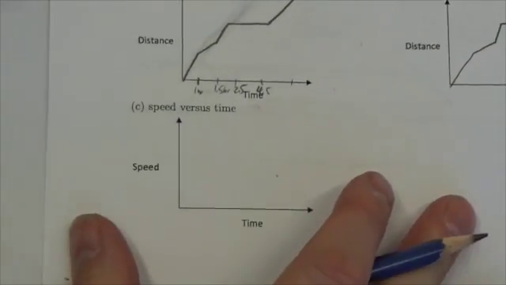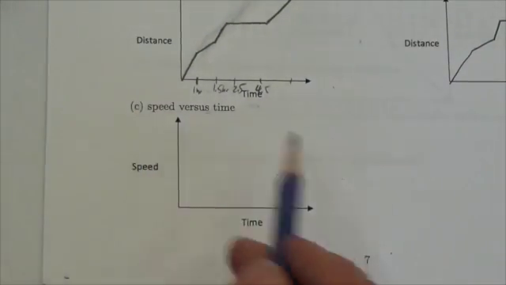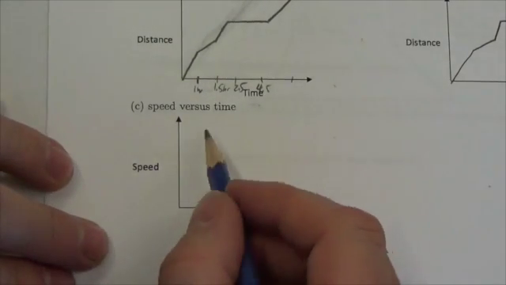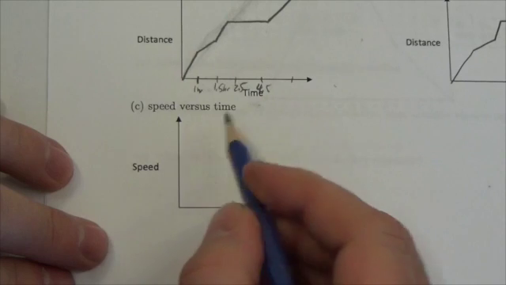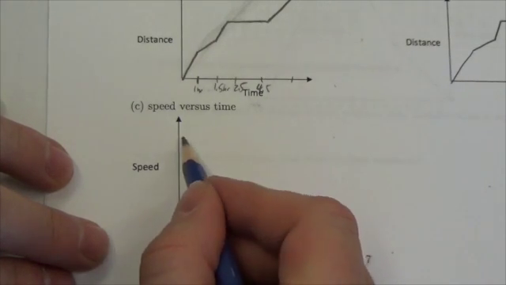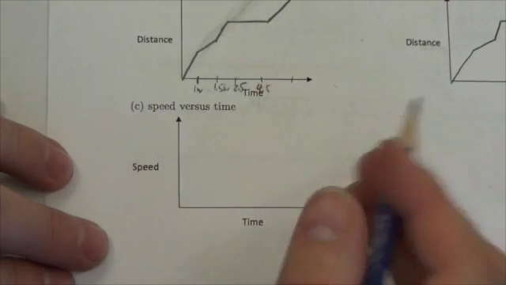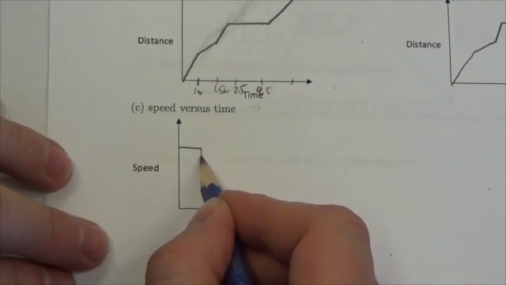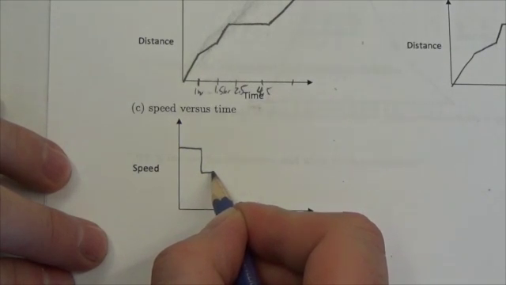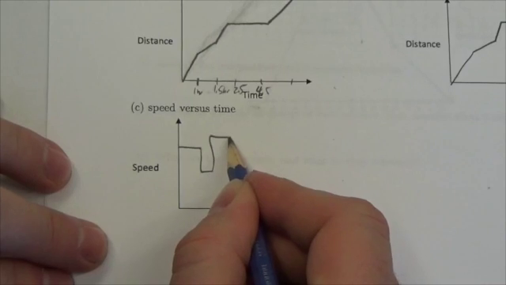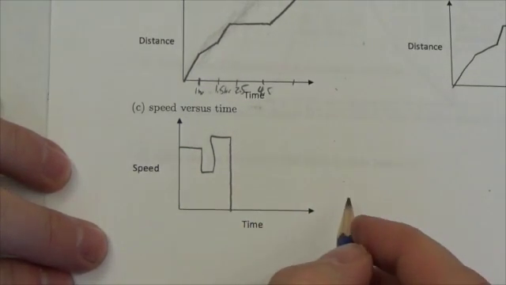Now if we come over here, this is speed versus time, which is a little different. We're starting off here. You can argue that there's going to be a quick little jump, but we're talking in extremes. So this is going to be at 100 for an hour, and then drop down really quickly to 80 for half an hour, up to 110 for an hour, and then it drops down and she's at the meeting.